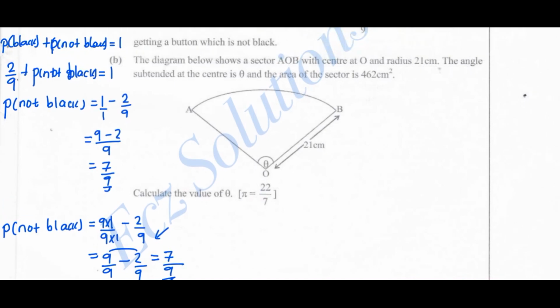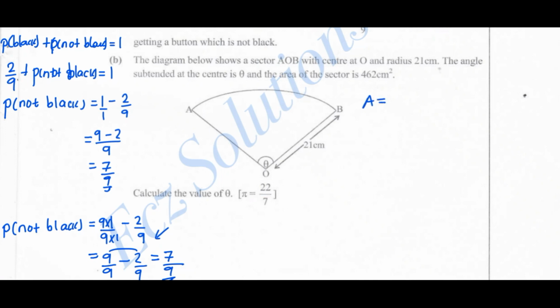Then for question B, the diagram below shows a sector AOB with center at O and radius 21 centimeters. The angle subtended at the center is theta, and the area of the sector is 462 square centimeters. So we are dealing with a question on sectors where you are given the area, and the question is to calculate the value of theta. What is our first step? First we need to apply the formula.